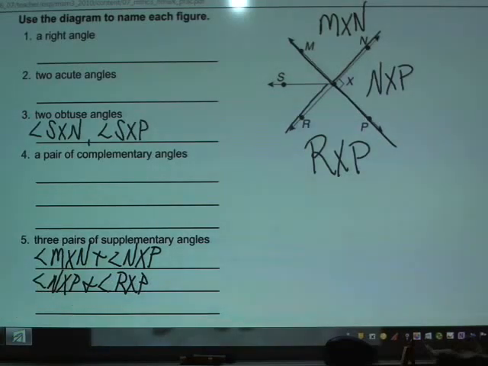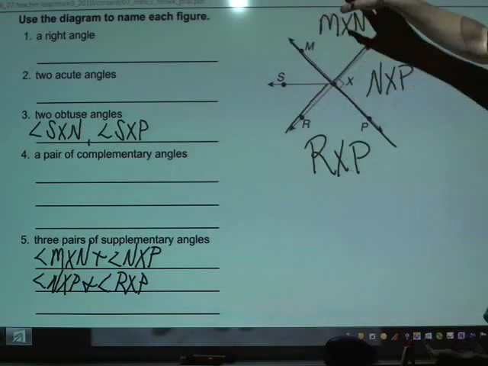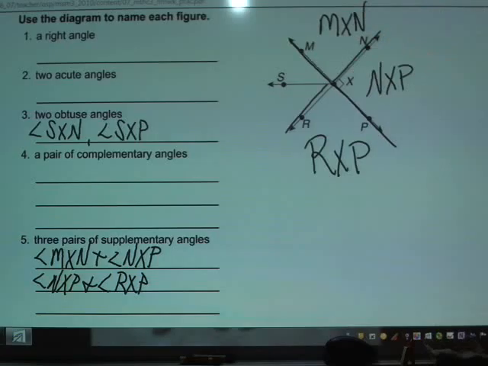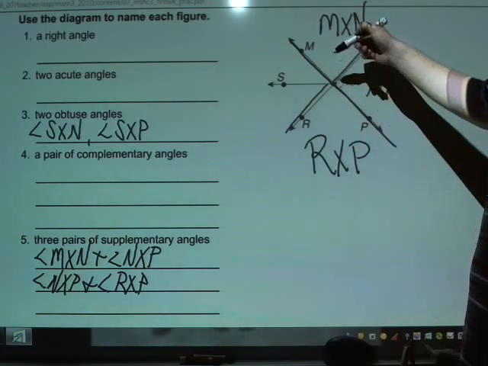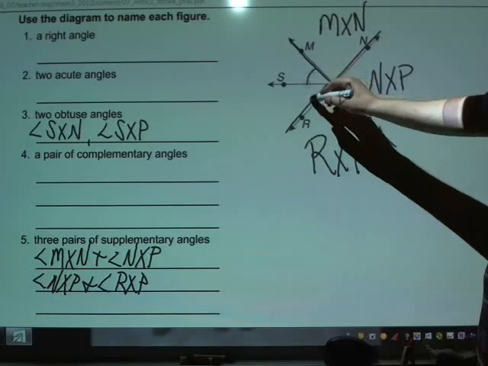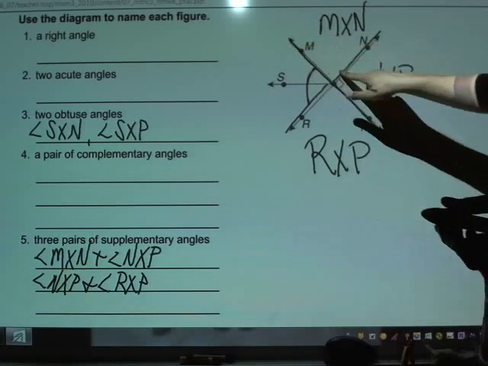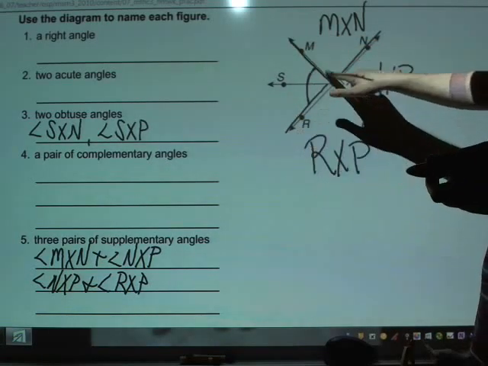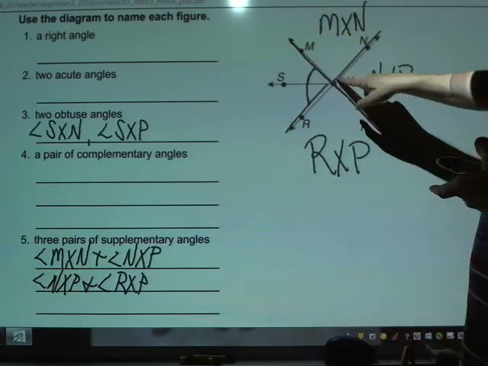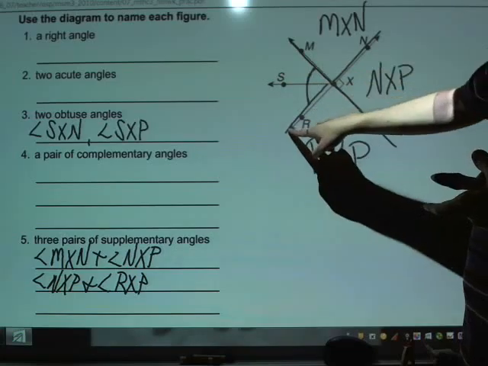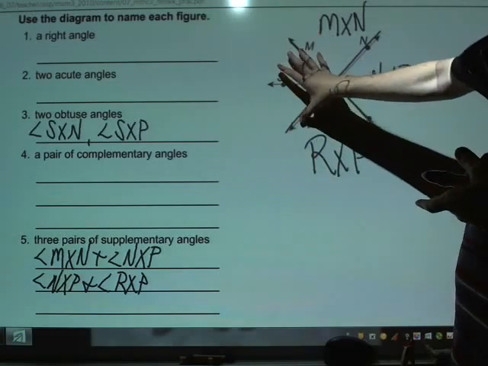Now, we can decide what we want to pair with last. We can pair something with RXP or we can pair something with MXN. Either way, remember there were 4 pairs and we only need 3 answers. So let's go with MXN and pair it with this partner here, which is MXR or RXM. Notice I'm not using S in the name because S would then be one of these smaller angles, and I don't want the small angle, I need the whole L shape.